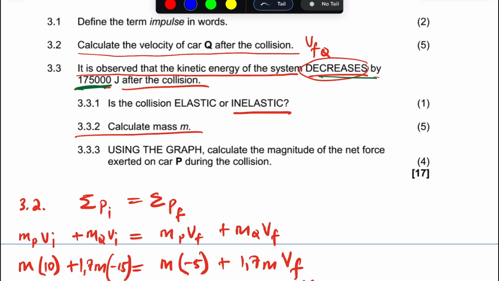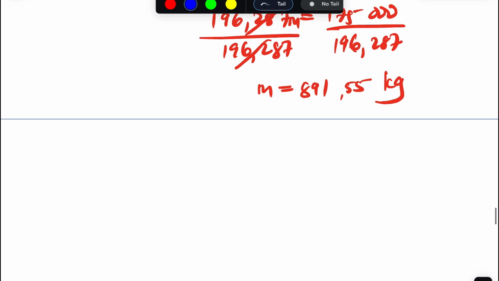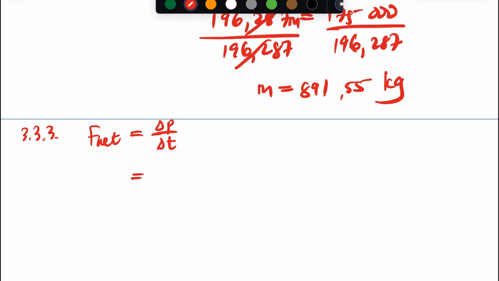So you can use car P to calculate that, or you can use car Q. Okay, which formula are we going to use? Are we going to use the impulse formula? So F net is equal to, we're going to use Newton's second law in terms of momentum.